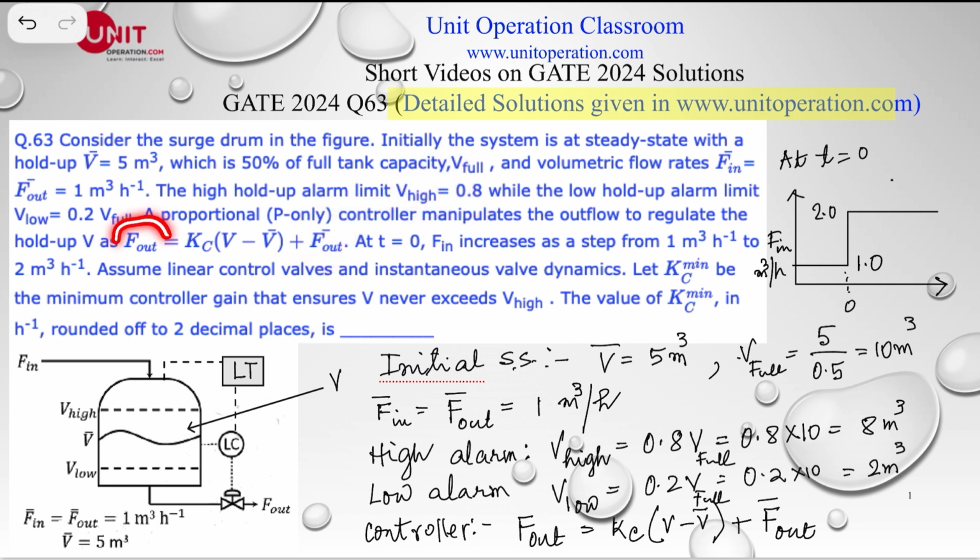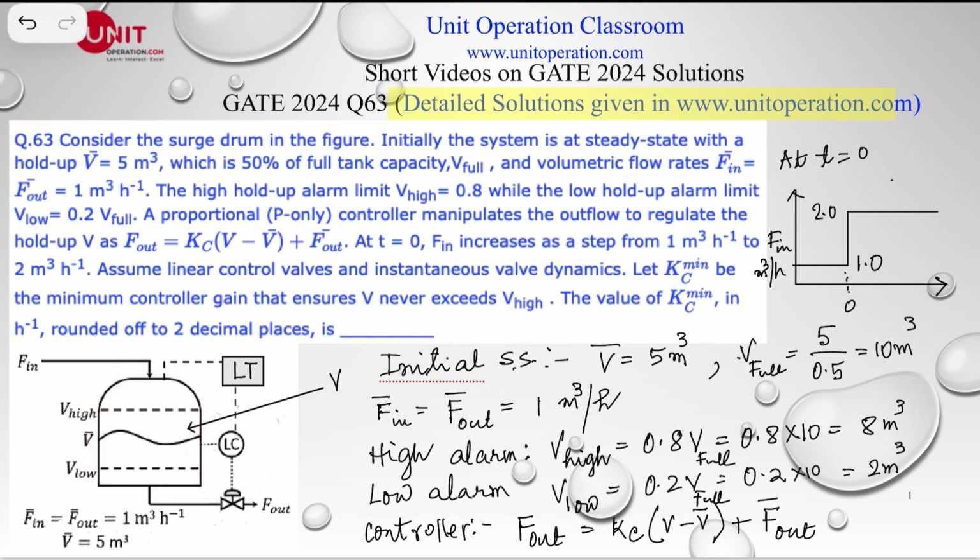The corresponding F out is calculated, so the outflow would change according to the instantaneous level of liquid in this particular surge drum.